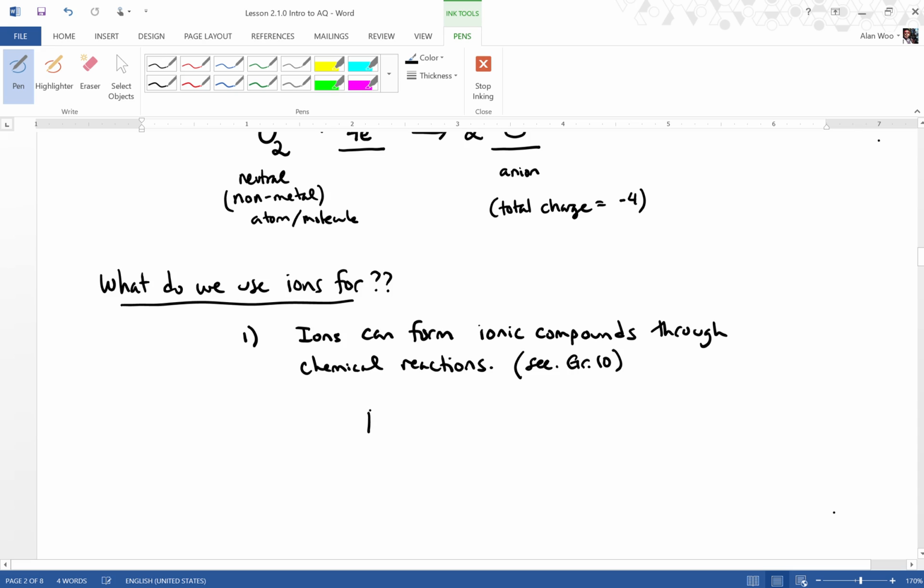You might have lithium ions, and you're given the state that they are in aqueous, and you add it to chloride ions, and you would then synthesize lithium chloride. So this substance here is an ionic compound.